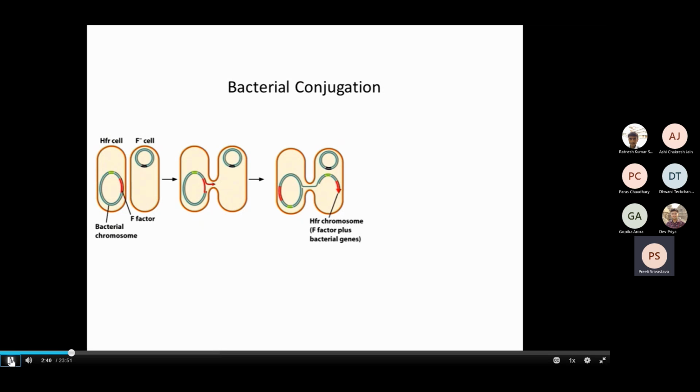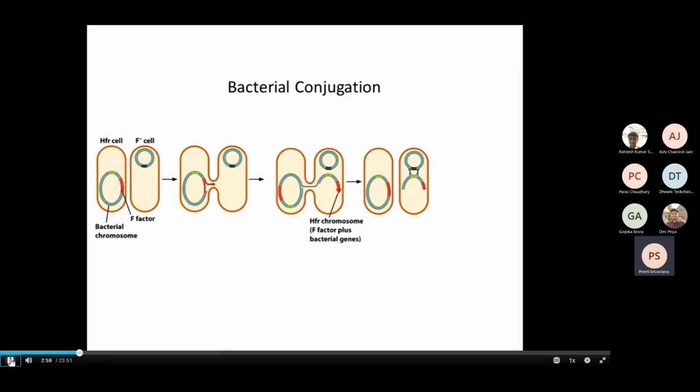And the result then is that part of the fertility factor, because the origin is in the fertility factor, and the associated bacterial chromosome next to the origin is transferred into the F- cell.